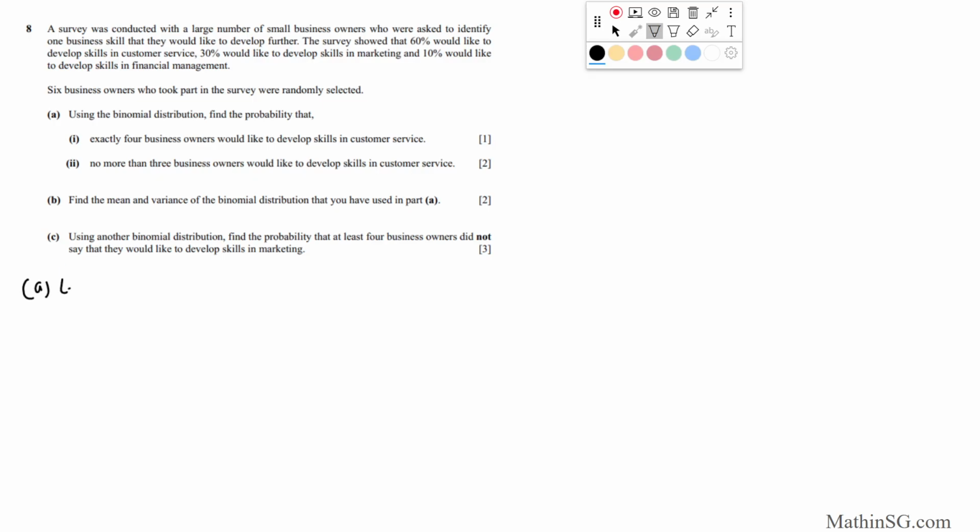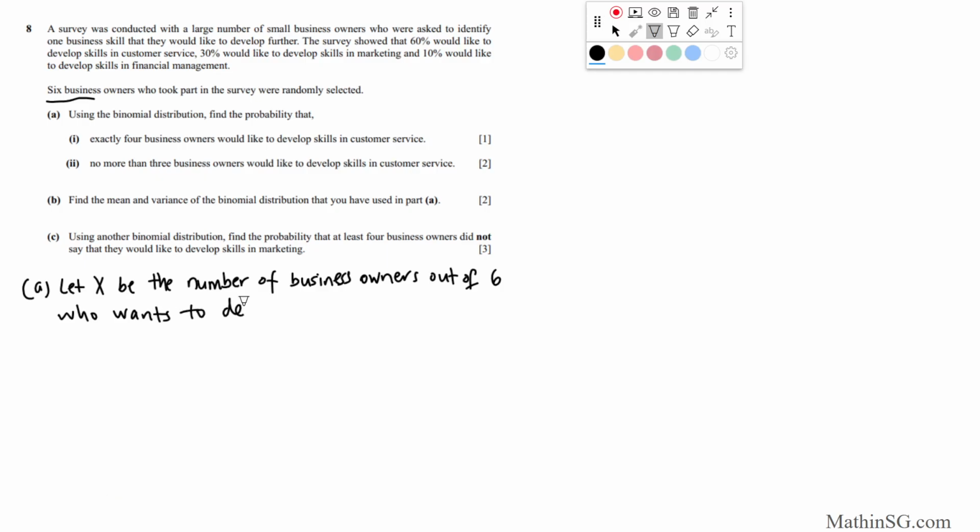Let X be the random variable representing the number of business owners out of 6 who want to develop skills in customer service.